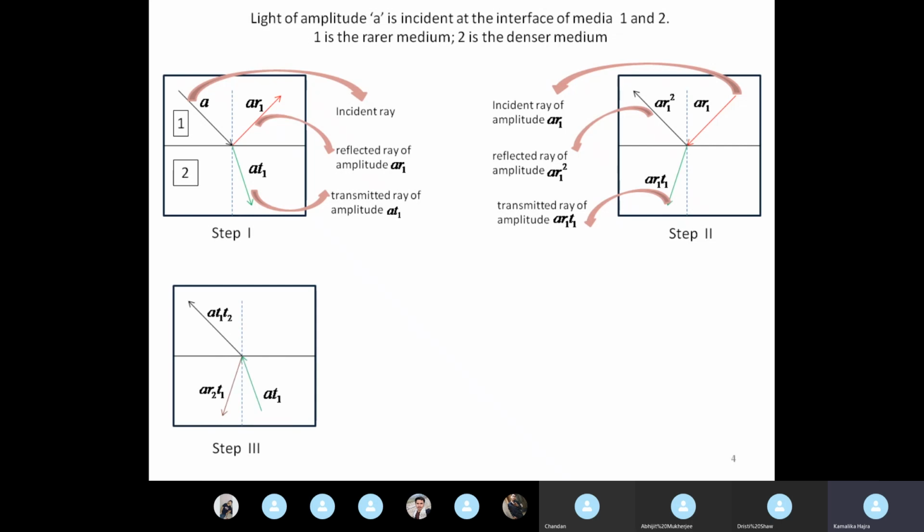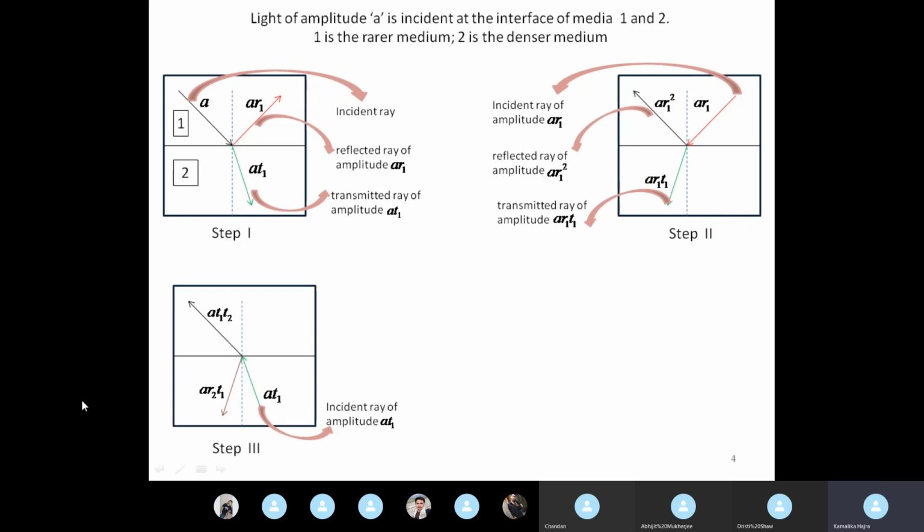Step 3. In the next step, we imagine now the source to be placed here. Okay, so we are dealing with the same 3 rays and the same pair of media, only we are changing the position of the source. So in our third step, the source is at this point. So now our new incident ray is of amplitude AT1.